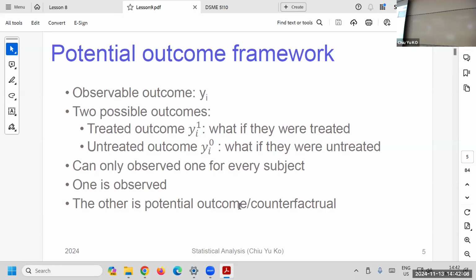You cannot have both at the same time. If the guy would have medicine or no medicine, at the same point in time you have either this or that, because a different point in time is different. So this is the problem.